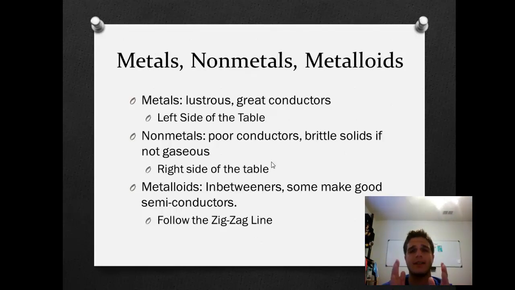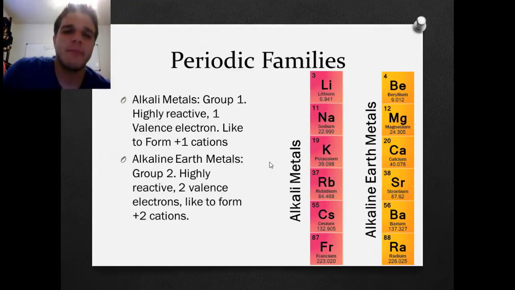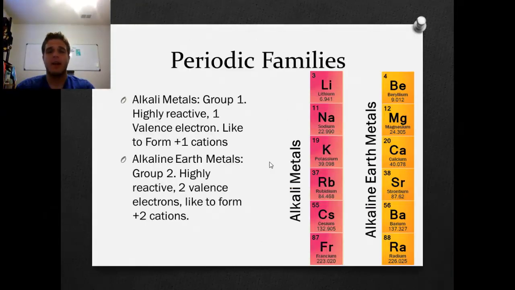They're both contained in similar families, but they act very differently, and they follow that zigzag line on the periodic table that you can see right here. Okay, once again, aluminum and silicon both are along the range of being metalloids, yet they both act very different.